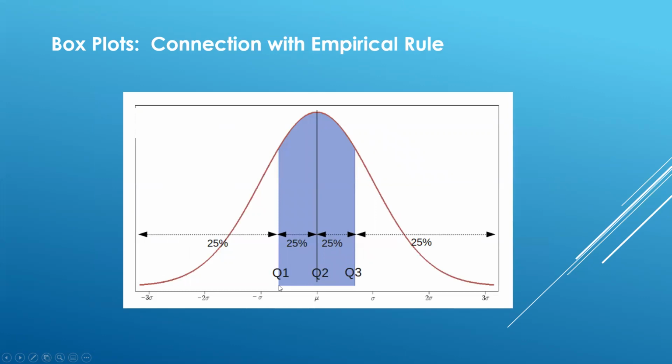So that's why these lines stop here and here, shy of where the standard deviations are, because they go all the way out to 34% in each direction, whereas this just goes 25. So it's just a visual representation of how a box plot would line up with a nice, pretty little normal curve. And when it's normal like this, you don't have any outliers. So when something's perfectly normal or very close to normal, you don't have outliers. So the tails are going to go all the way out to the ends of the curve.